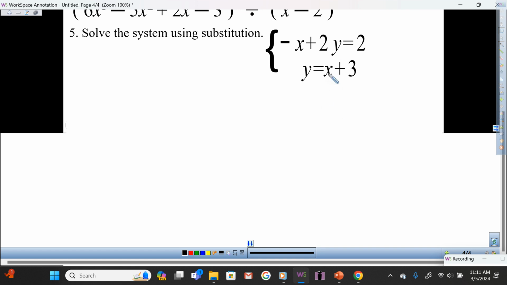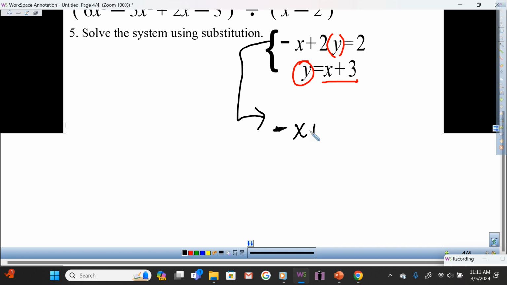So look up, which one's already solved for y? The bottom one, yes? What is y? X plus 3, right? That means on the first equation, instead of writing y here next to the 2, what am I going to write? X plus 3.